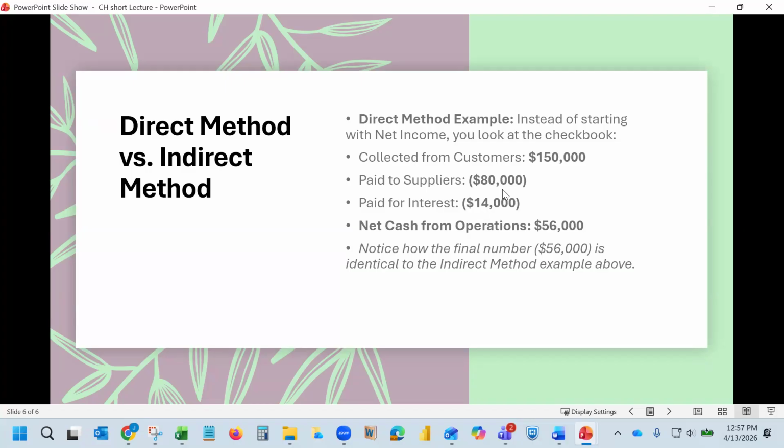So when you reconcile these three, your net cash flow from operating activity will be $56,000. So where the difference lies is that in the indirect method, we focus on adjusting the net income. In the direct method, we focus on recognizing only actual cash activities that we received and those cash activities that we paid out.